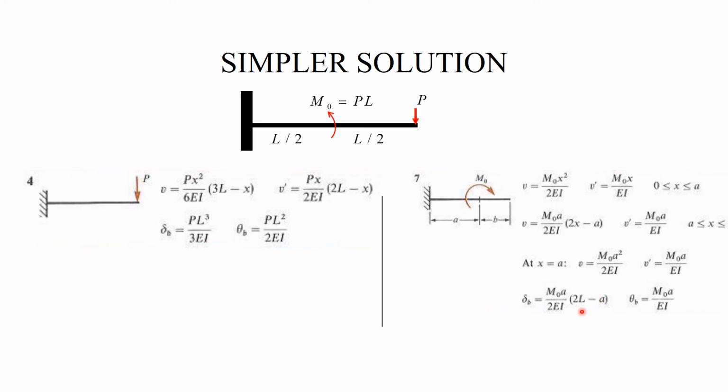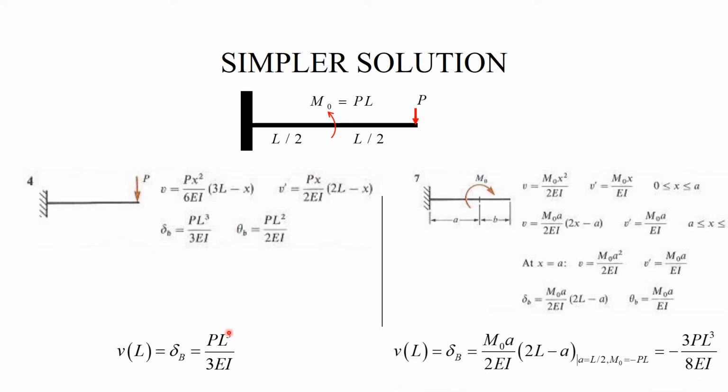I have two expressions, and now v of L, I simply copy this result, and v of L here, I copy this result by plugging in a equal to L over 2, and again, M naught is minus PL, and of course I get the same answer as before. And so this shows us that there are multiple ways of using the tables, and of course there are multiple ways of generating the tables. Some tables are more complete than others.